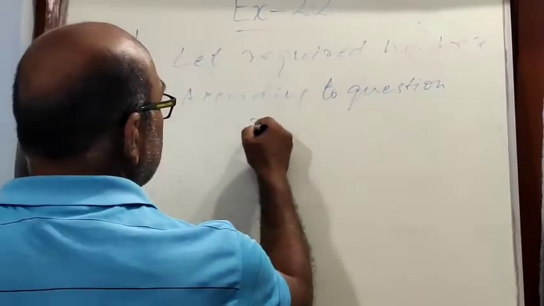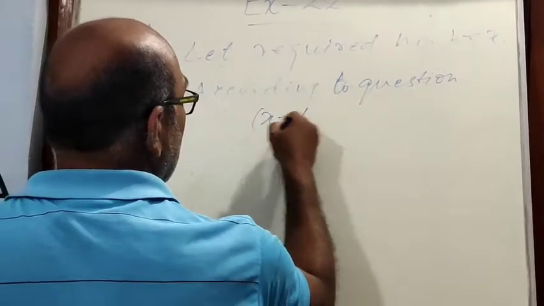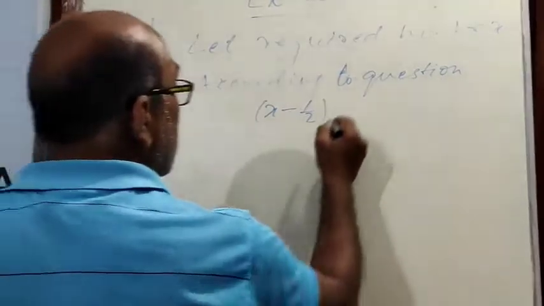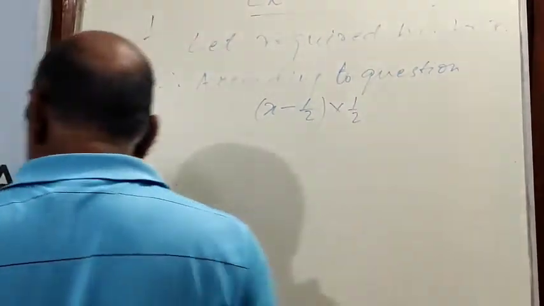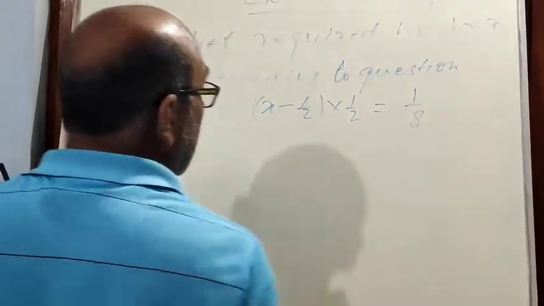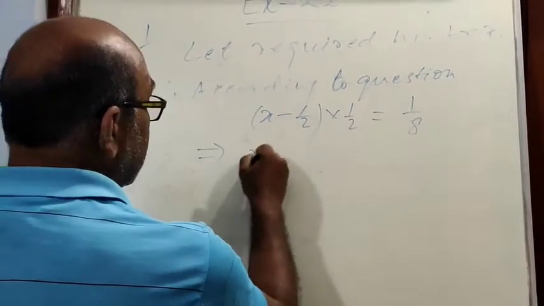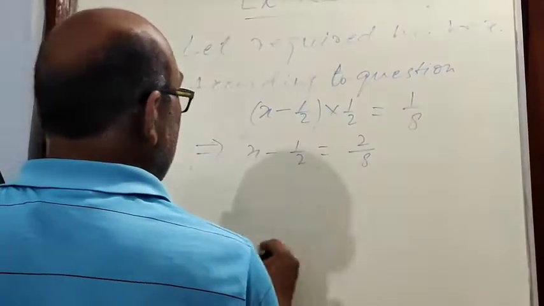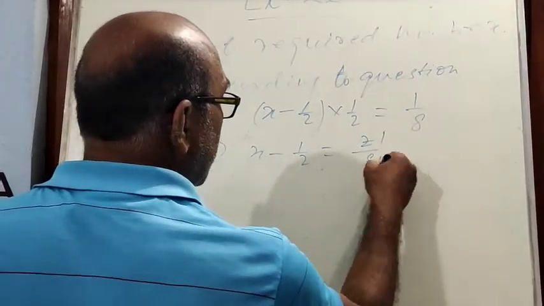if you subtract 1 by 2 from a number, it means x minus 1 by 2, and multiply the result by 1 by 2, into 1 by 2. This will equal 1 by 8. Now x minus 1 by 2 equal to 2 by 8. 2 ones are 2, 2 fours are 8.